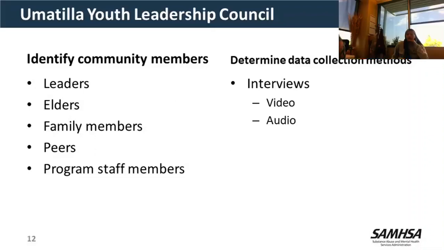So when they gathered in their groups, they came up with the questions, which was a good process for them to learn: to formulate questions and then gather the data, because that's what they were trying to learn, how to gather data and how to do the interview questions.